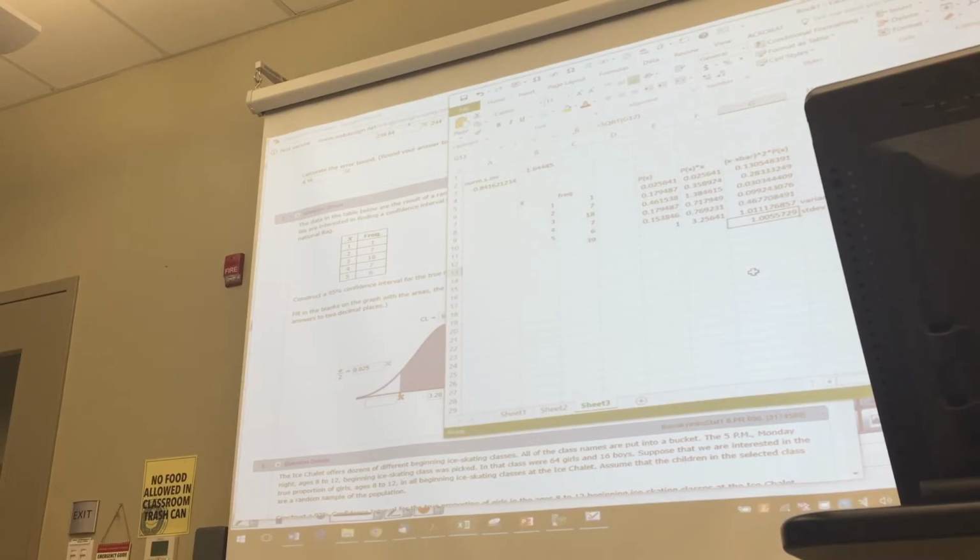What's the n? 39. How many flags did we sample? We sampled the flags of 39 different countries. My sample size was 39.